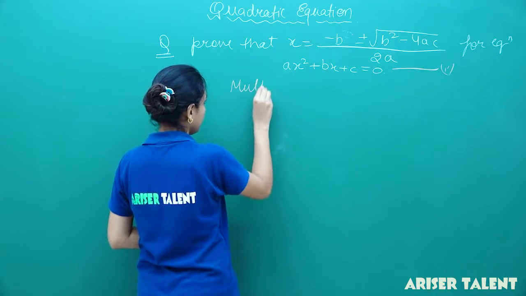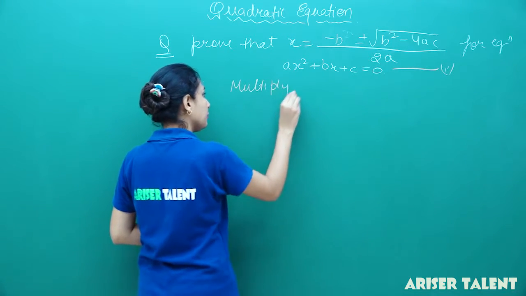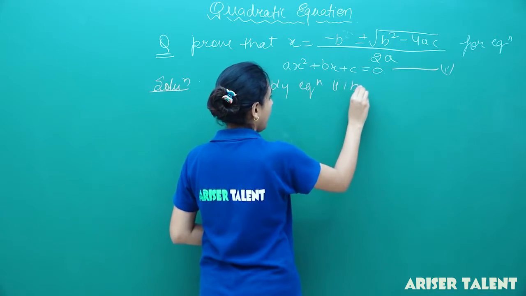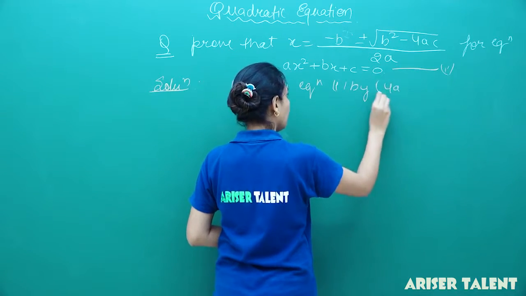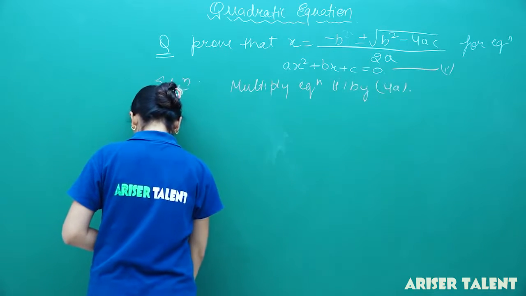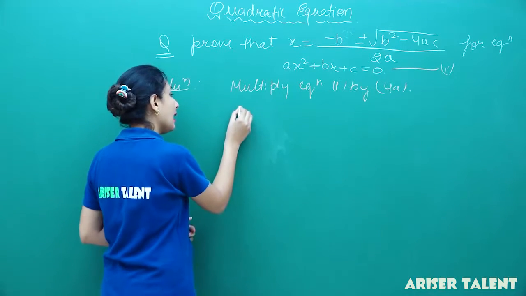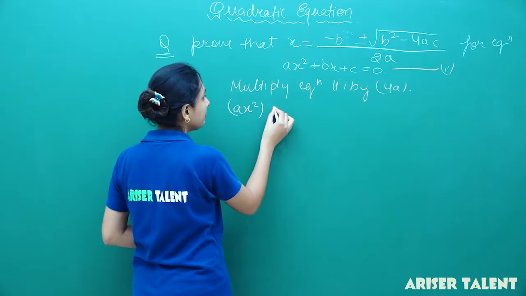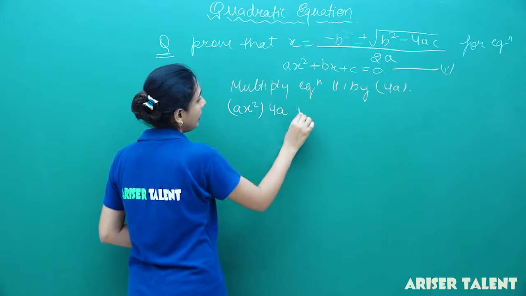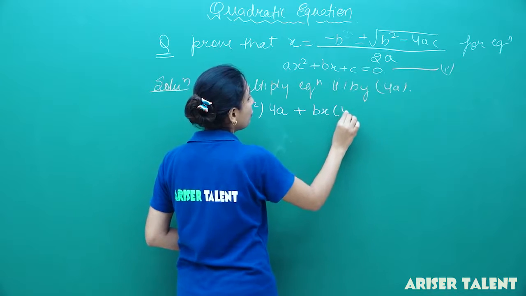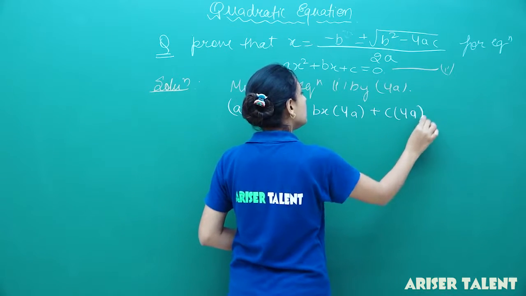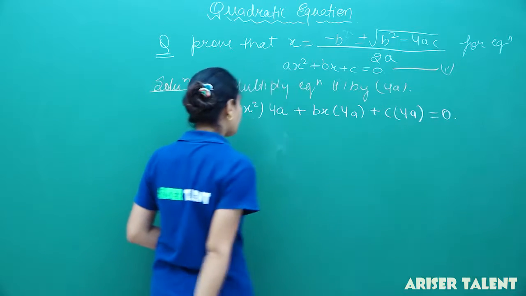Doing that, I'll be having 4a times ax square, then bx multiplied by 4a, then c multiplied by 4a is equal to 0.